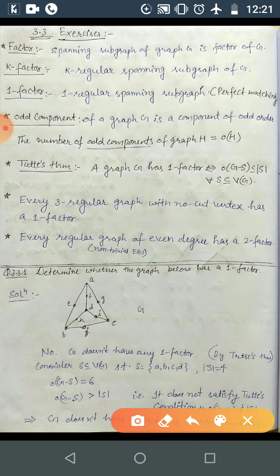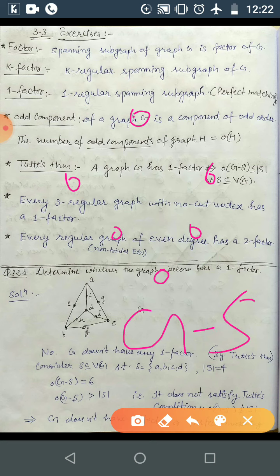So obviously each of these is an odd component, one vertex. So how many components does G minus S have? G minus S contains 6 odd components, correct?